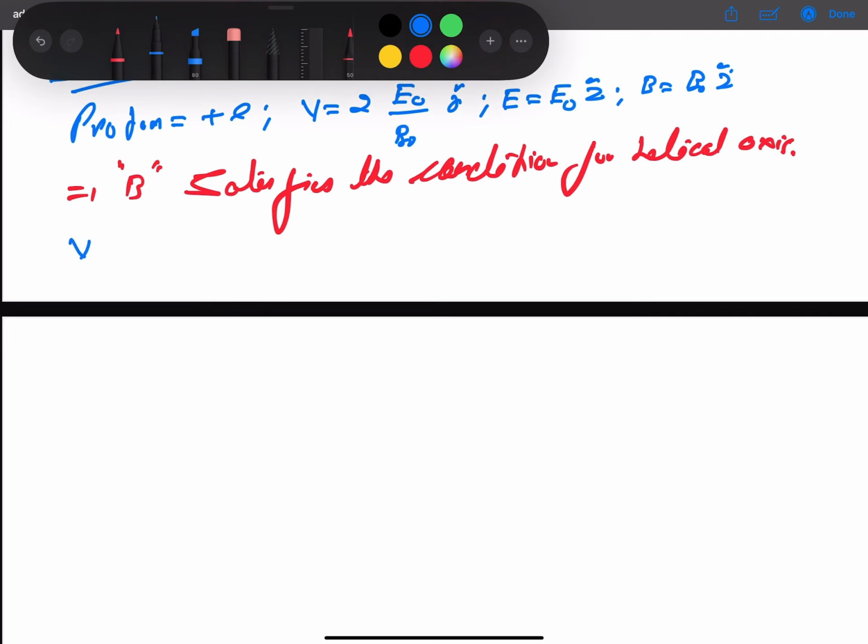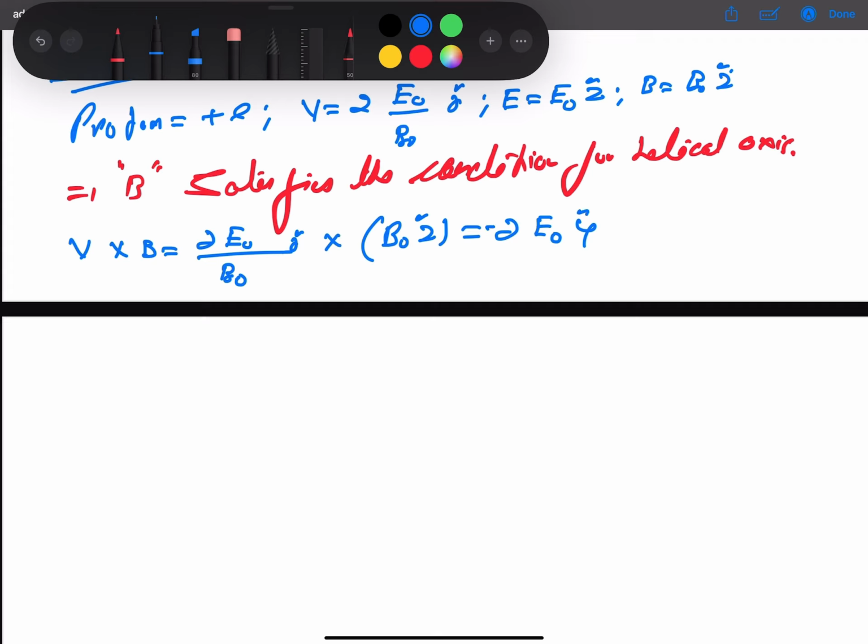Now let's make a final analysis. For that, we are interested in V cross B, and V cross B gives us twice E naught over B naught x unit vector cross B naught z unit vector, and this comes as minus twice E naught y unit vector.